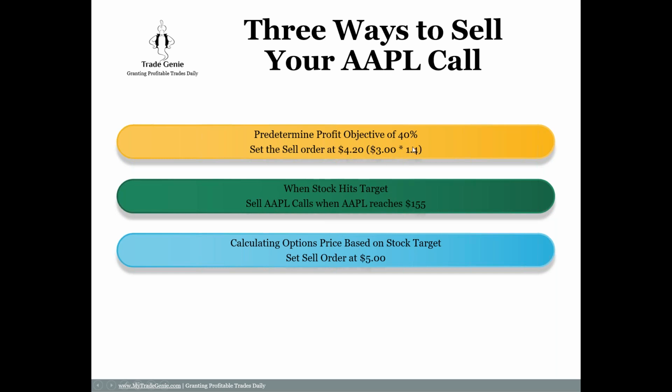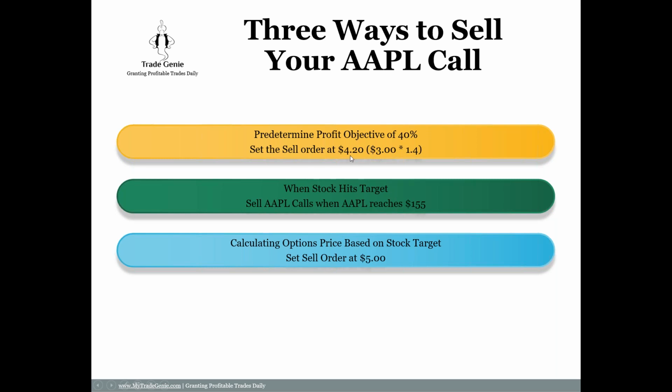So one criterion is the 40%. He says like this: when it takes 40%, I get out. So if you have done your study that over the long run your average is 40% and you're better off exiting at 40%, and you nail it every time, then you set the sell order at $4.20. 40% of 3 is $4.20.